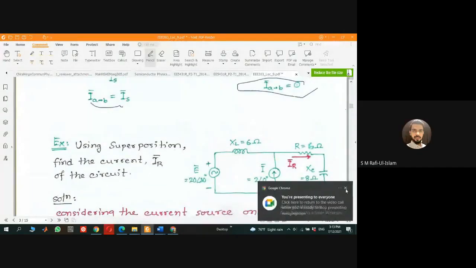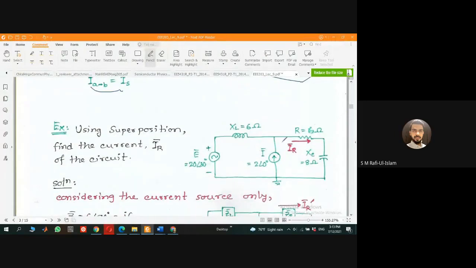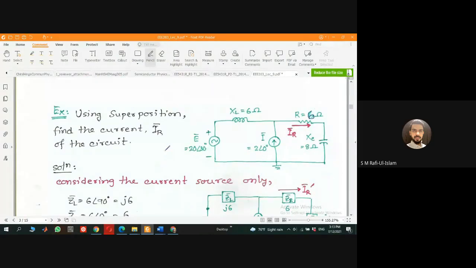Perfect. Now we'll have a real example that we'll try our best to solve in detail using the superposition theorem. Check this here. We have a system with 2 sources, one a voltage source and another a current source. My target is to calculate the responses.